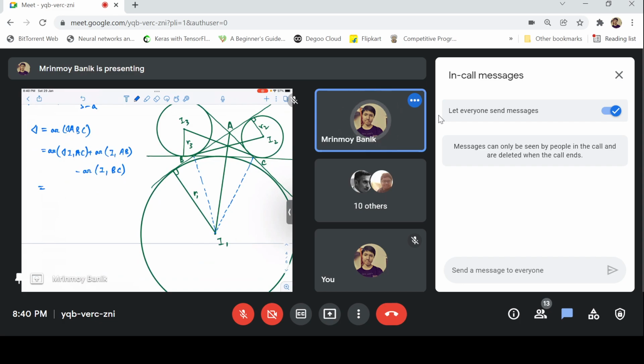What is I1AC? So we can draw a perpendicular. This is r1. And this base AC is b. So half times base times height. Similarly, half times c times r1 minus half times a times r1. So that's b plus c minus a.